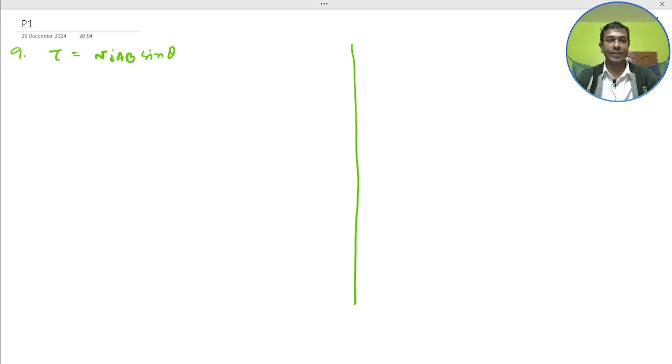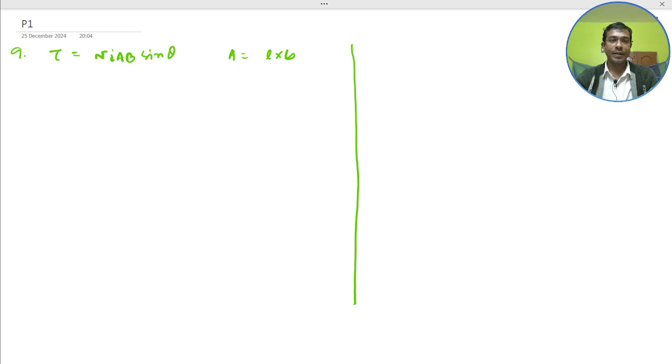Sorry, just think that here the torque tau is N I A B sin theta. Here A means the area of the loop. Here basically A is L into B, and B is the magnetic field.